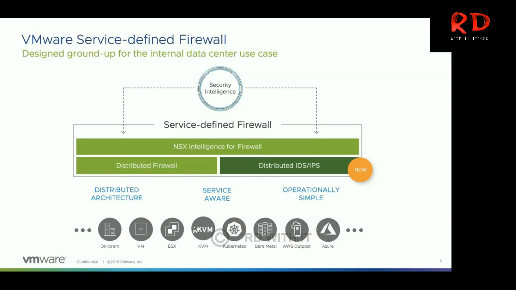It's aligned with our distributed firewall, and it's service aware, which means that it understands your actual applications, so what services are actually running, so we can better protect them. And then last but not least, we want to make operating your networks easier. For the network security and systems team, we want to make things more straightforward. So we've tried to create something that's also drastically more operationally simple.